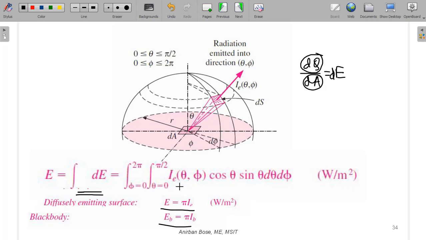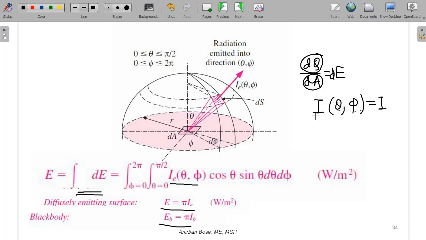It's very simple. I have already told you that this IE, this intensity, is in general a function of theta and phi. But for some special surface which is independent of the direction, I is constant and not depending on theta and phi.